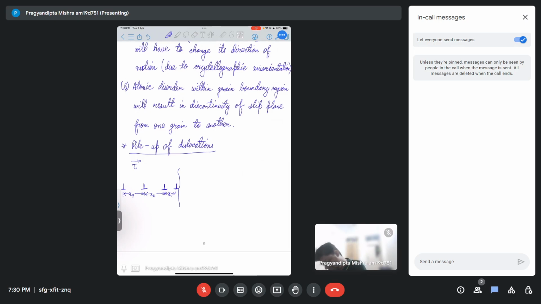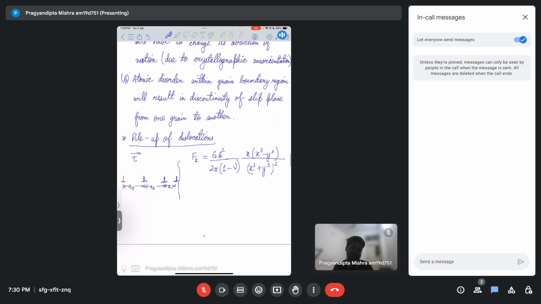Okay, so let's first write down the force on each dislocation. Due to the repulsion between dislocations, the force on each dislocation is given by this equation: G b squared by 2 pi (1 minus nu) times x (x squared minus y squared) divided by (x squared plus y squared) the whole squared.